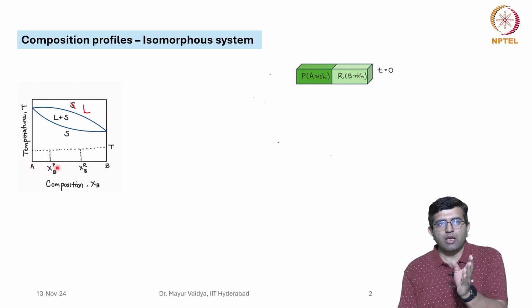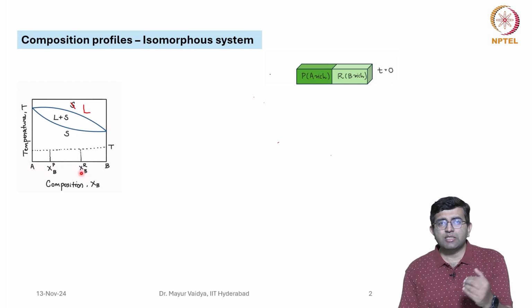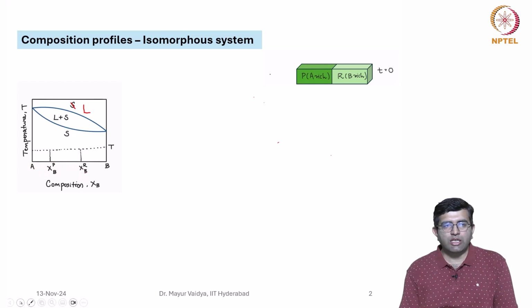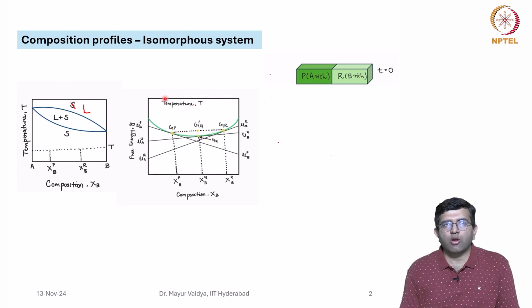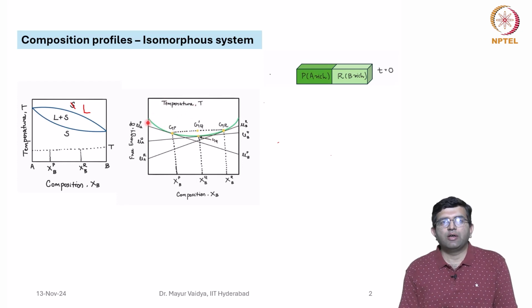Now, when I am forming the diffusion couple, let me also understand, before I tell how the phases develop, how the chemical potentials of each of A and B vary in this alloy. To sketch the chemical potential variation, let us draw the free energy versus composition curve here. This is represented in green, and since we are talking about temperature T, we are only drawing the solid free energy curve.